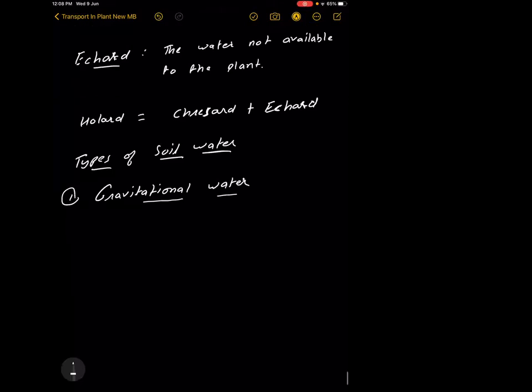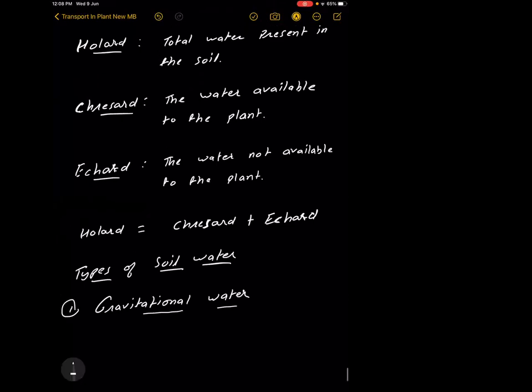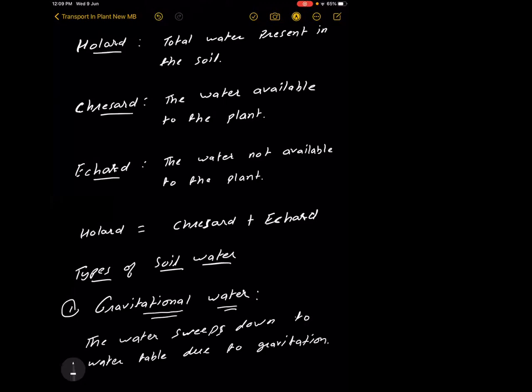Sir, can you scroll up? What is gravitational water? Due to gravitational force, the water sweeps down to the water table due to gravitation.